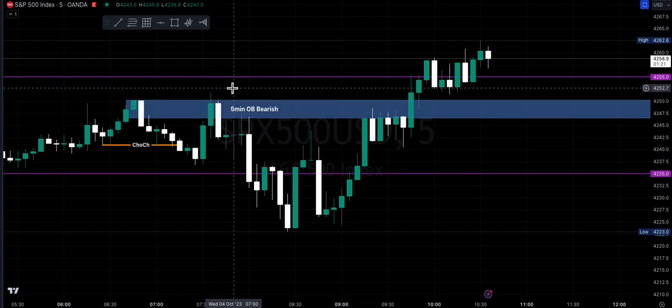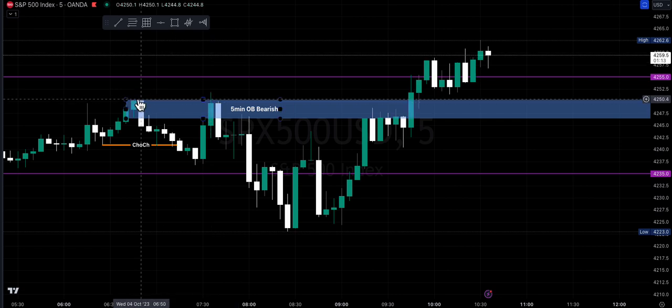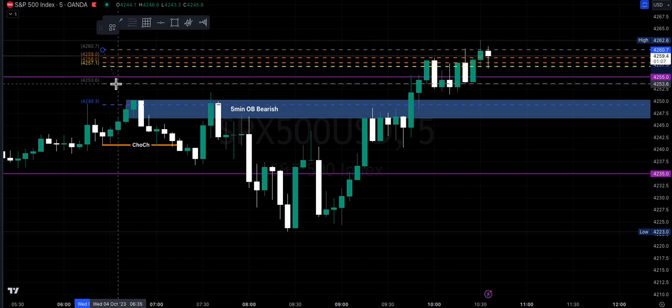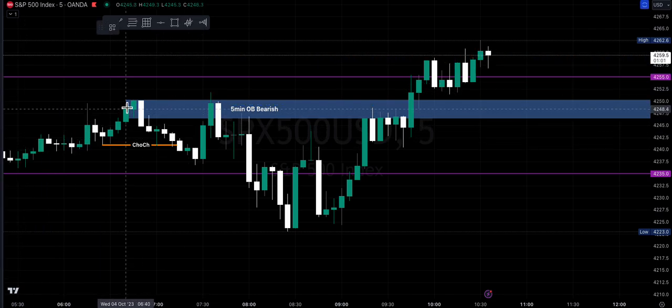I usually like to wait 30 minutes to see what happens though, but if there wasn't any data, I would have taken puts here. My risk will be, if you look over here, so let's see, I bring over, not that one though, that's the Fibonacci levels. So my short position, my stop loss would be at this high.